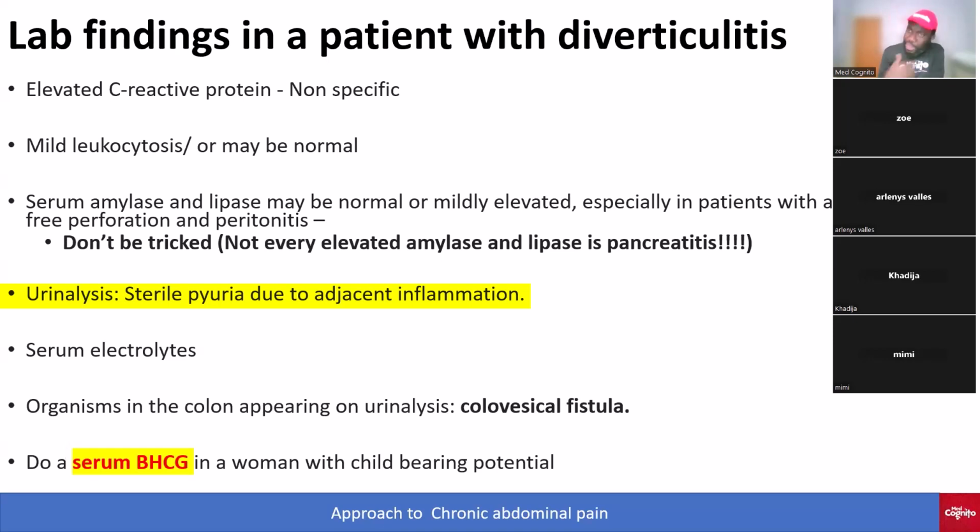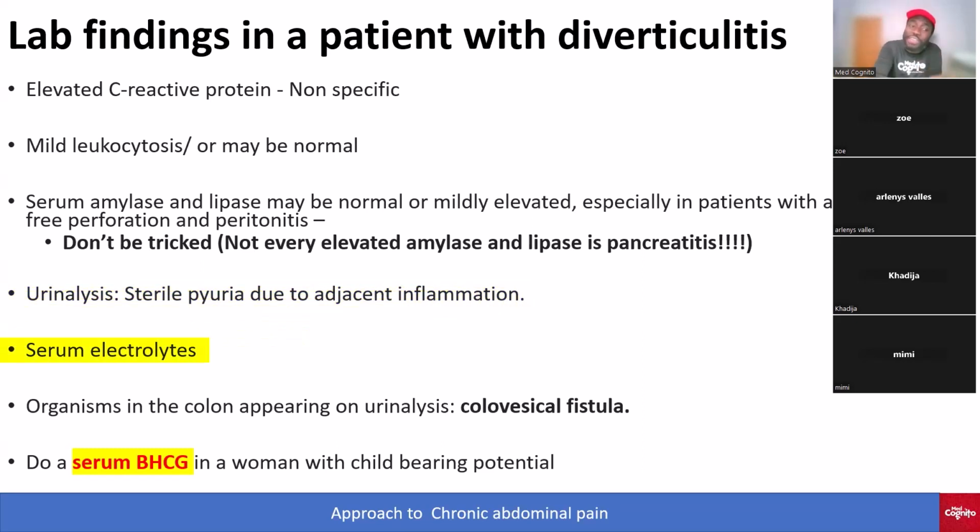Even though there's pyuria, it is sterile. Why? Because the inflammation is not in the bladder itself. It is in the adjacent colon, but it is rubbing on the bladder. That is why the patient is presenting with frequency, dysuria. So it is not everybody who presents with frequency and dysuria who also has urinary tract infection. Diverticulitis can also do that.